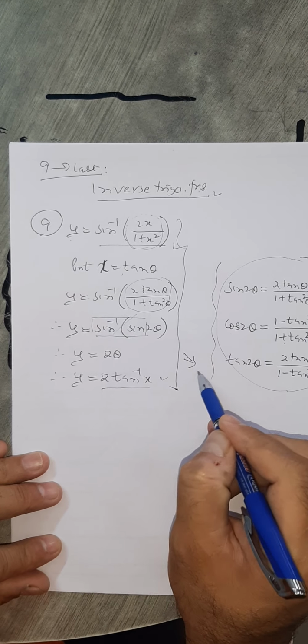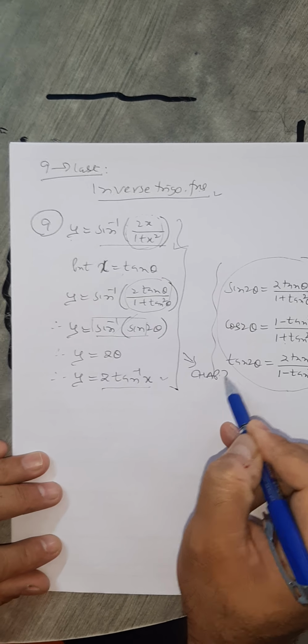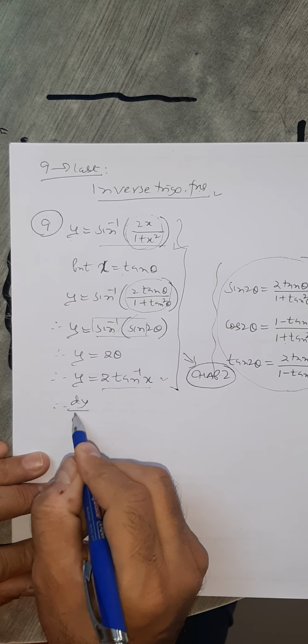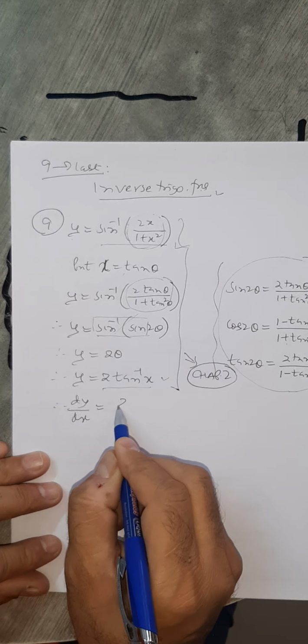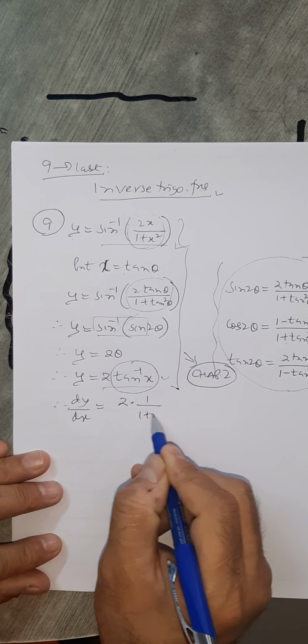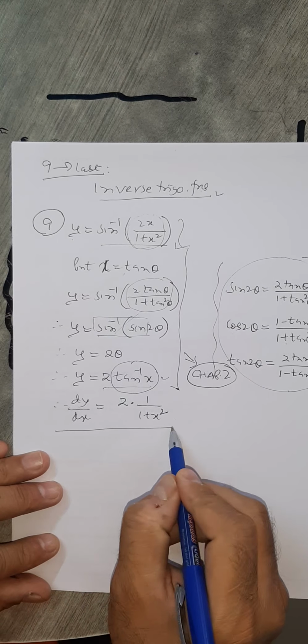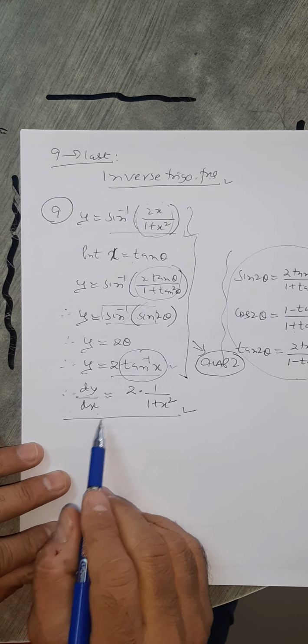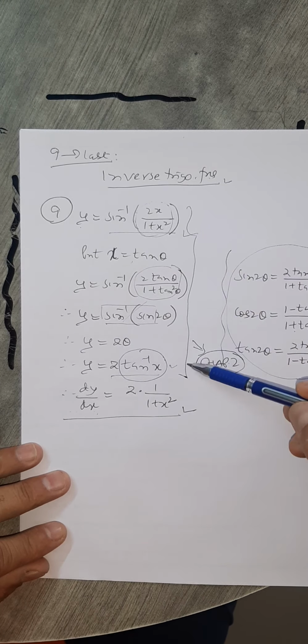It has nothing to do with differentiation. Now differentiation is just one line. dy by dx equals to 2 being constant as it is. What's the derivative of tan inverse x? 1 upon 1 plus x square. So this is your answer. Differentiation is just last line, remember. This is chapter number 2.